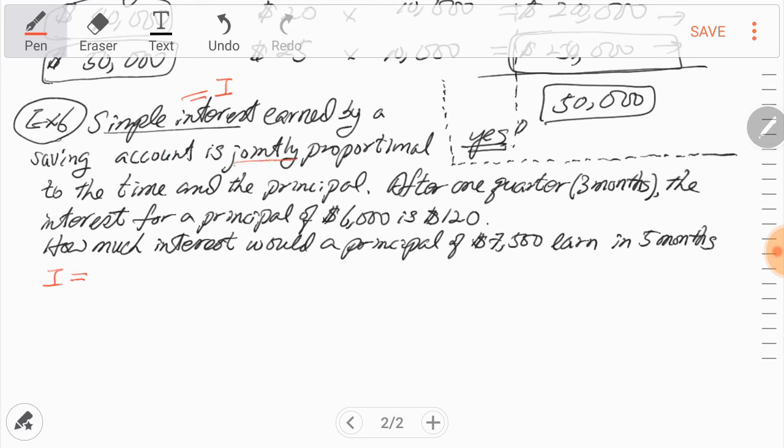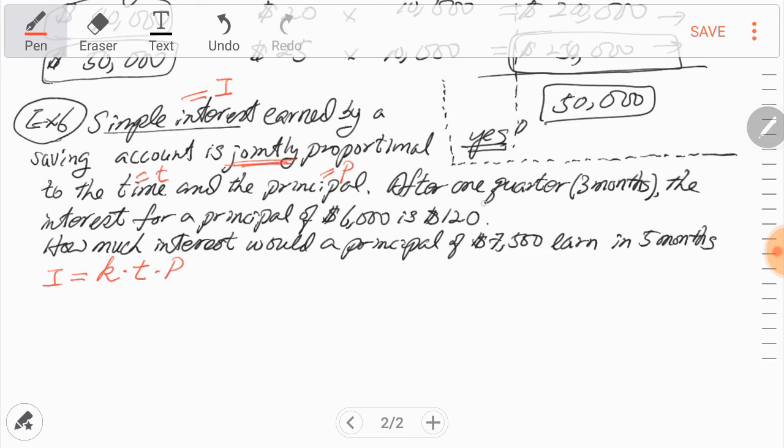Okay, jointly proportional means it's a direct variation, and that there are more variables. So K jointly proportional to the time. So K is multiplied by time. Let's use T. And the principal. The principal is the initial investment amount. Let's use P. So we have an equation like this.